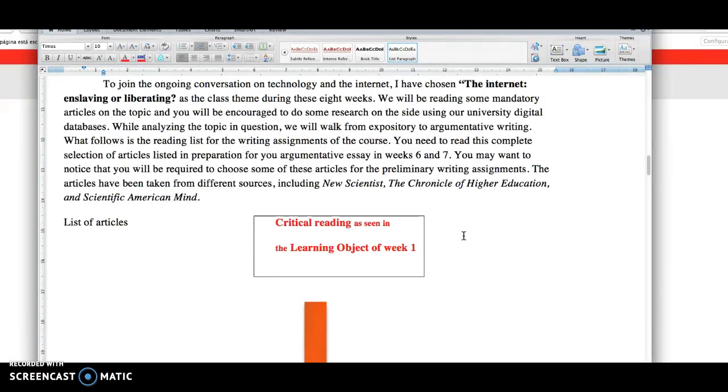When we read nowadays, we can no longer read passively. We have to read critically. We have to show that we have something to contribute to the topic as well.